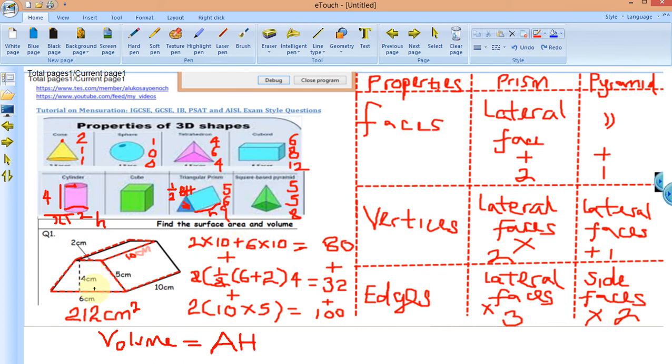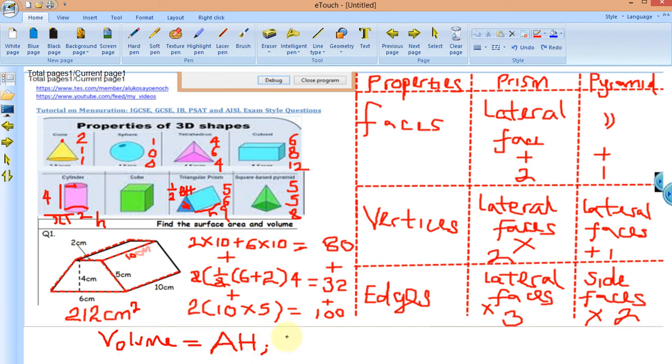So let's work with what we have here. What area am I going to work with now? Is it a parallelogram or a pyramid? Prism or pyramid? I'm just playing, guys.